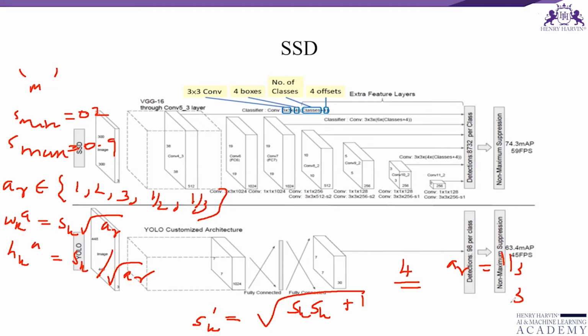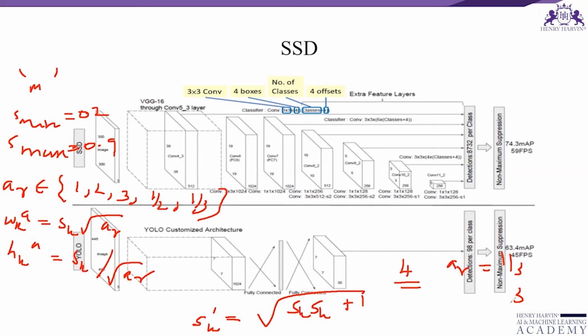Here each training image is randomly sampled from the entire original input image. Then we sample a patch so that the overlap with the object is 0.1, 0.3, 0.5, 0.7 or 0.9. The size of each sampled patch is between 0.1 and 1 of the original image size, and the aspect ratio is from 1 by 2 to 2.